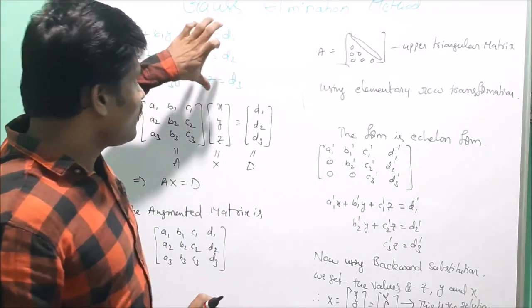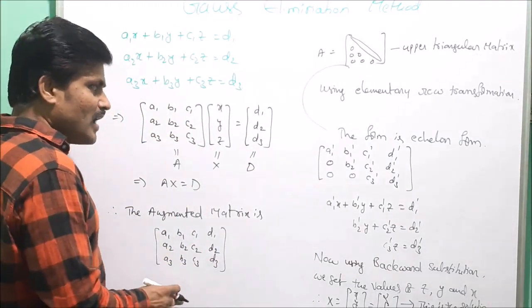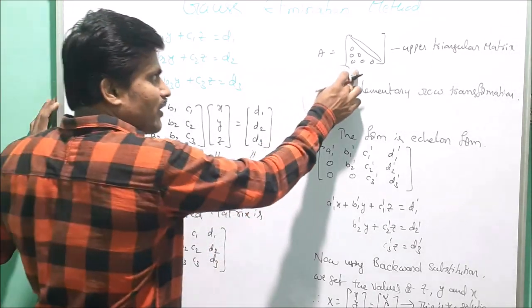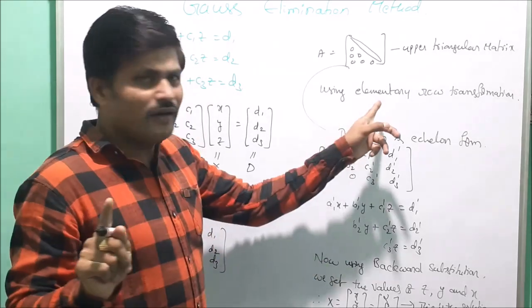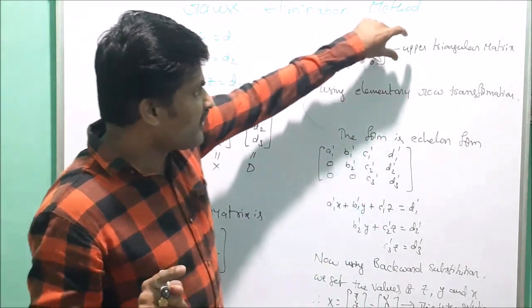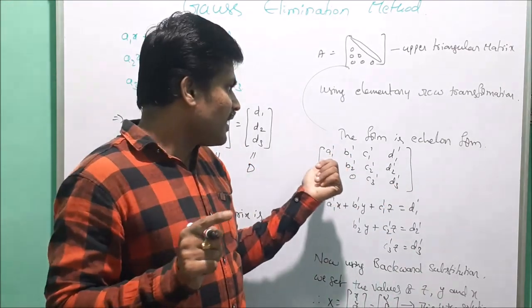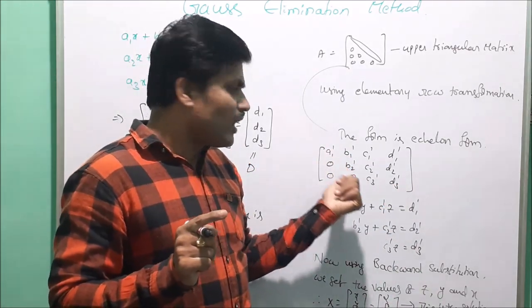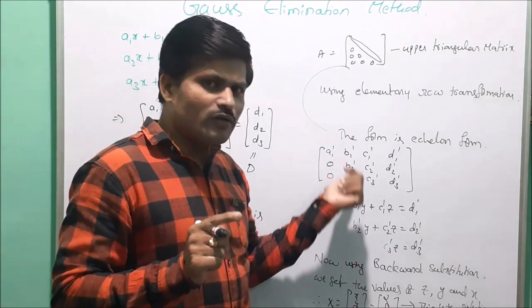So this is the working procedure of the Gauss elimination method. First we write the matrix form and take the augmented matrix, and it is converted to an upper triangular matrix using only elementary row transformations. This upper triangular matrix is in echelon form, where the zeros increase from the second row to the third row to the fourth row.